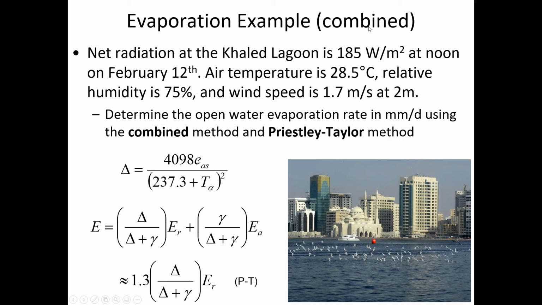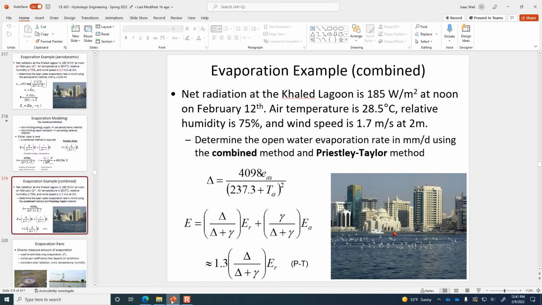But in the combined approach, you're using both the energy and the aerodynamic estimate of how much evaporation there's going to be, and then you compute a weighted average. So remember, in this example that we calculated so far, we had 6.54 millimeters per day for the energy method and 2.18 for the aerodynamic.